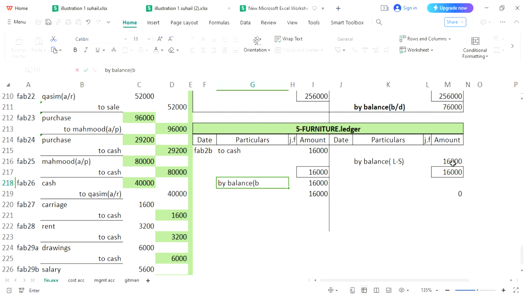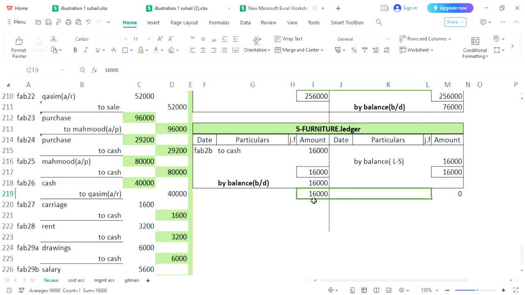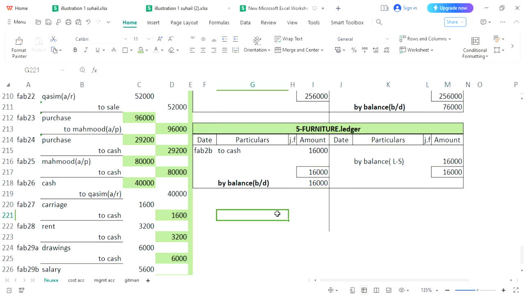It is balance which you have brought down. So balance brought down you have mentioned on the opposite side. This was the sole purpose of making furniture's ledger. Our purpose has been sorted out. We are going to mark it as done. Balance has been calculated, so these sums were just written for the reference. Now they are not needed here. Erase them. So this way we have completed our 5 ledgers.